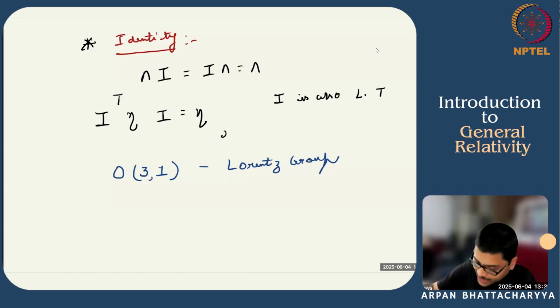Remember that this makes it different from the corresponding orthogonal group, which gives the corresponding Euclidean matrices without the minus sign.